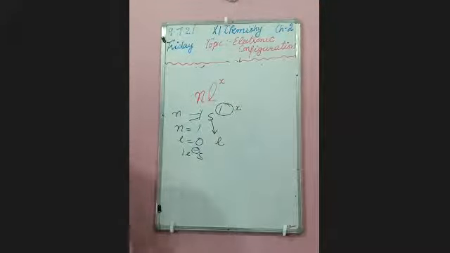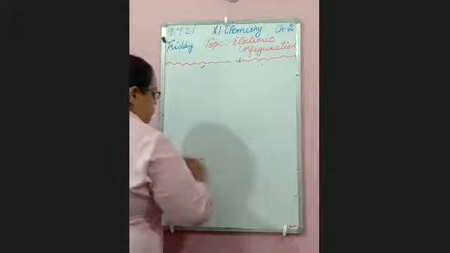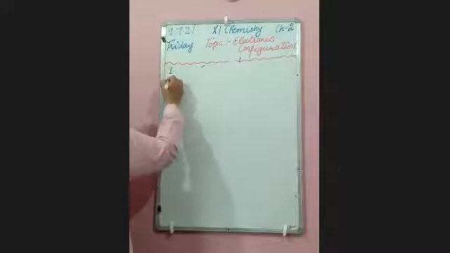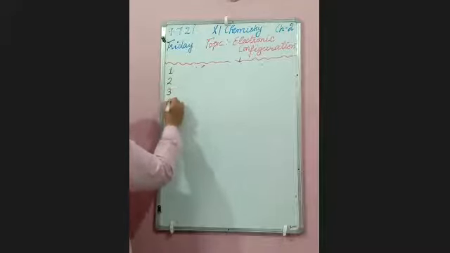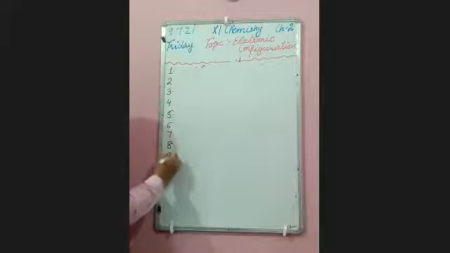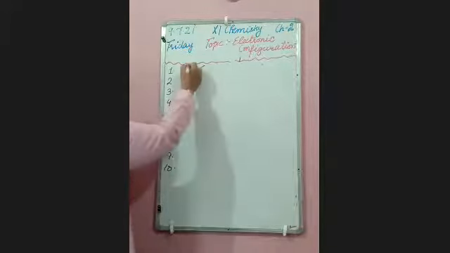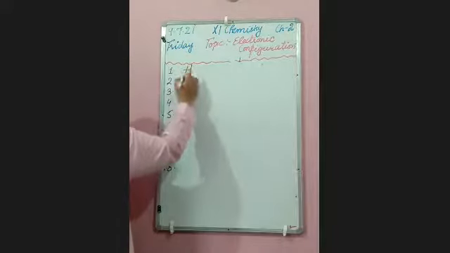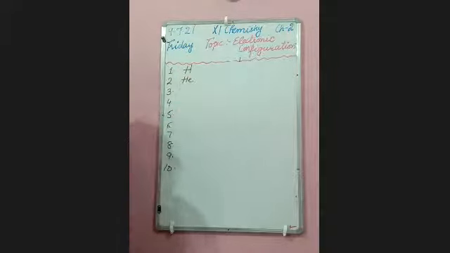Okay? So please take out your notebooks and start writing with me. You have to write configuration of 1 to 30 elements. 1, 2, 3. Can anybody in the class tell me the atomic number?